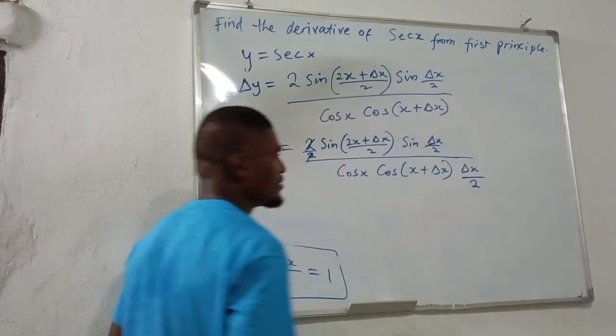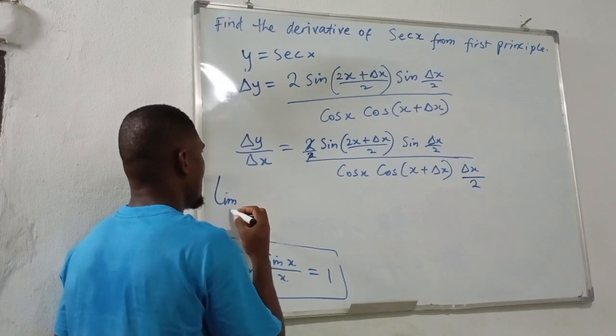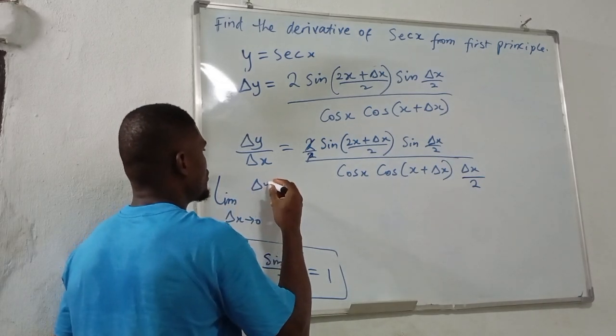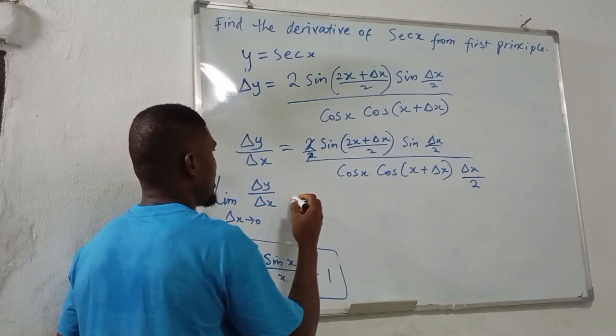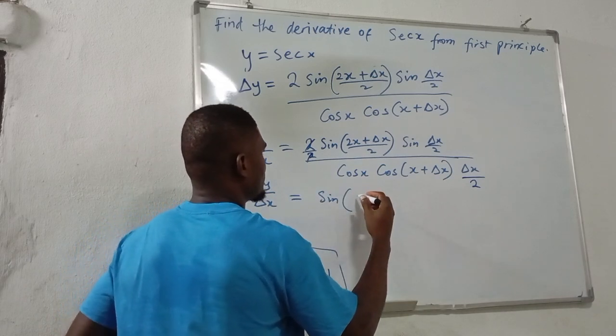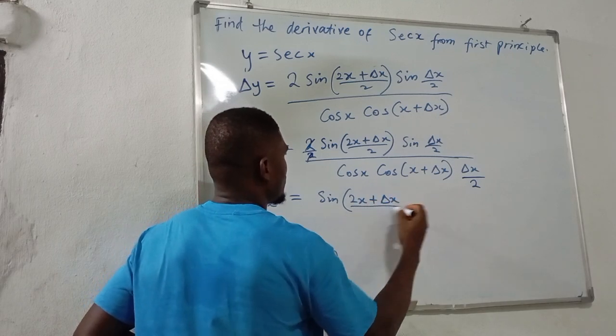So we're going to take now the limit of this equation. So we take the limit as dx tends to 0 of change in y over change in x, and that will be equal to sine 2x plus dx over 2.